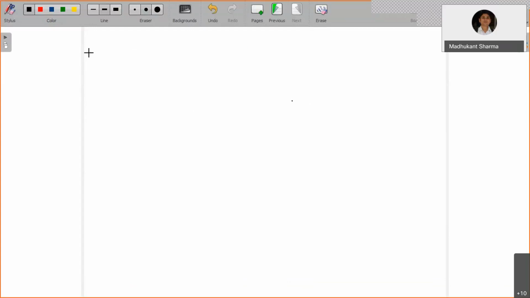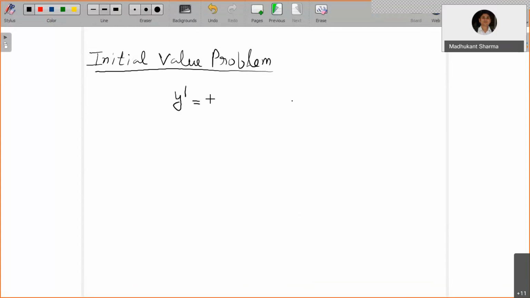As the name suggests, and I hope you are aware what we mean by an initial value problem, it is defined as y dash equals f of x comma y of x, with x belonging to the closed interval [a, b].